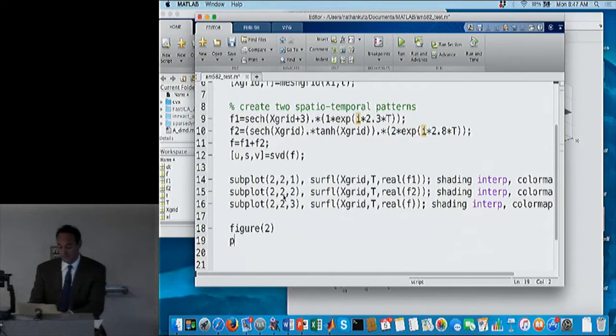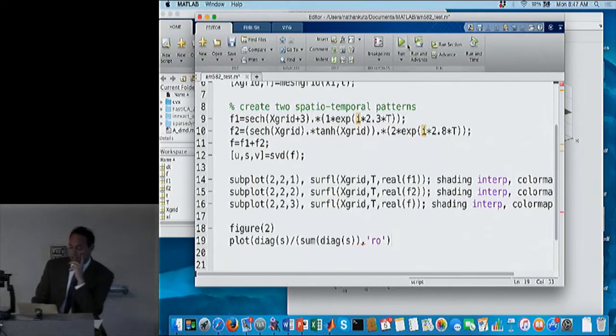So plot the diag of S divided by the sum of the diag of S. And with a big red dot. And let's just take a look at what we get here. Oop, I am missing a parenthesis right there. Thank you.